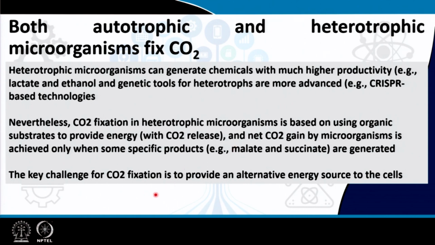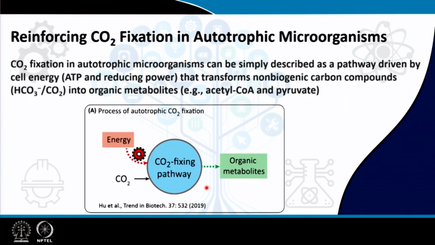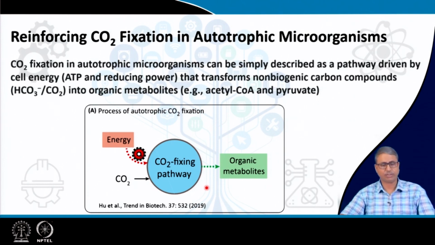Now, the key challenge for CO2 fixation in heterotrophic organisms is to provide an alternative energy source to the cells. Now, reinforcing the CO2 fixation by autotrophic microorganisms: as I mentioned, CO2 fixation in autotrophic microbes can be simply described as a pathway driven by cellular energy, like ATP and reducing power, that transforms non-biogenic carbon dioxide into complex organic molecules.